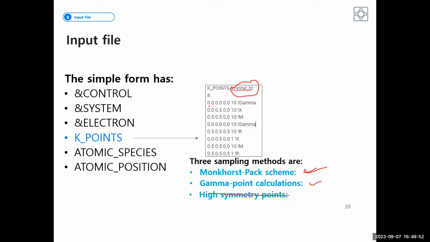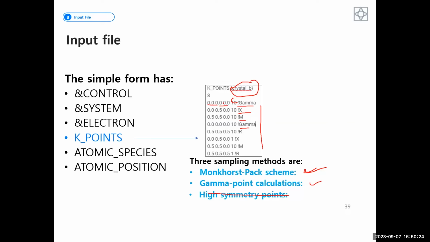So, for example, you have these in the Brillouin zone: gamma, X, and gamma. We have 8 values, okay? Each value is defined in this way, 0, 0, 0. This value tells Quantum Espresso to compute the electronic structure at the gamma point, the origin of the Brillouin zone in reciprocal space, and that 10 states at this K point will be calculated.